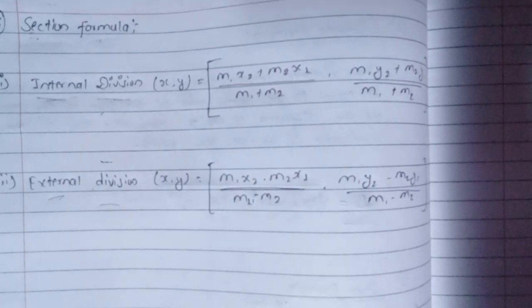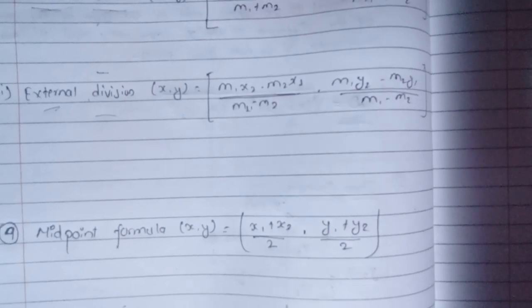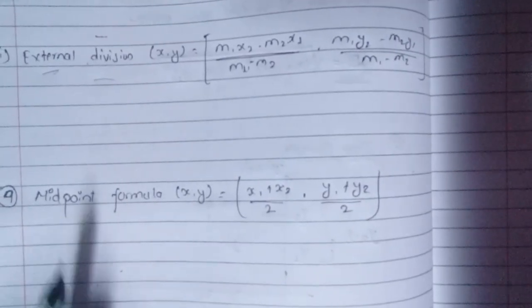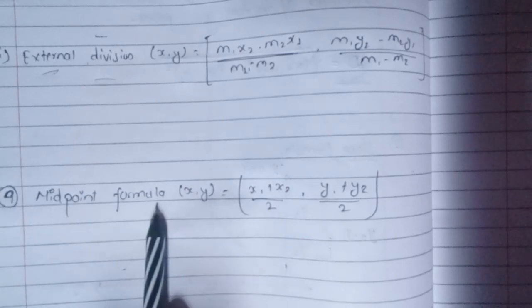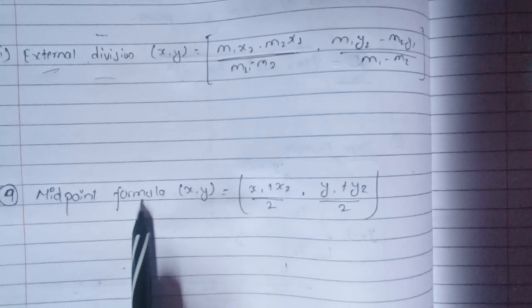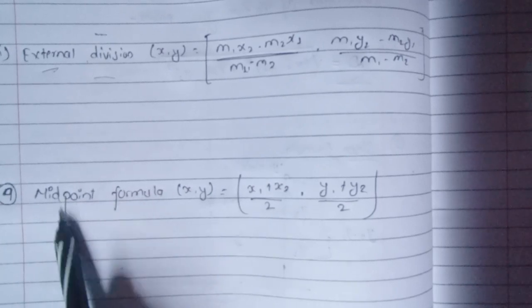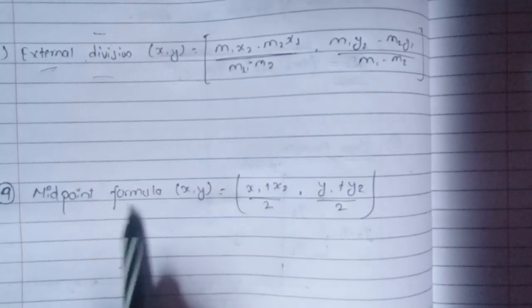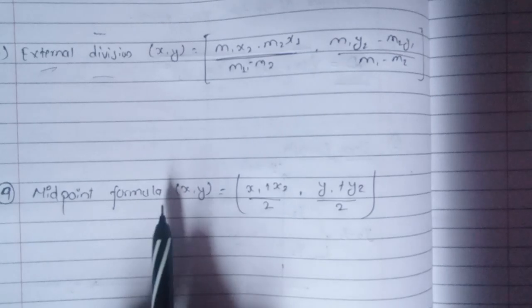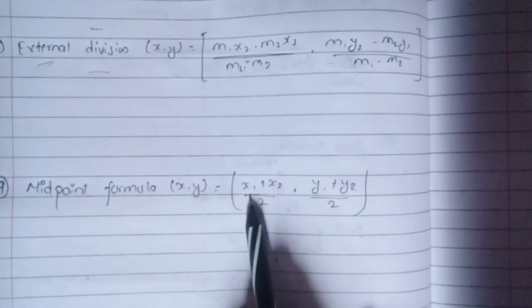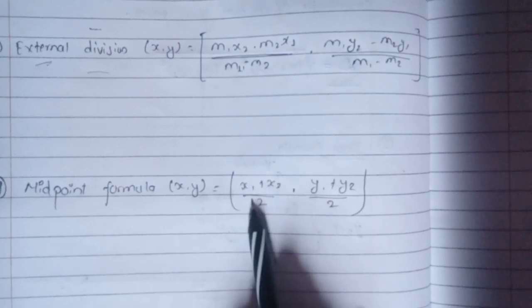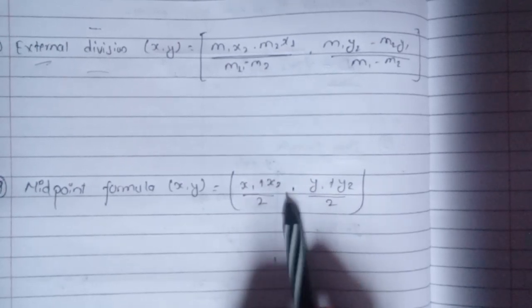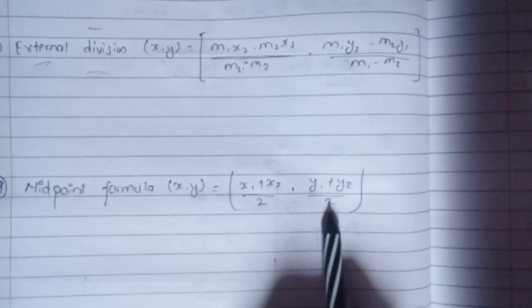Okay, so let's move on to the next topic, the midpoint formula. To calculate the midpoint of x comma y, we use the formula x1 plus x2 whole upon 2, comma y1 plus y2 whole upon 2.